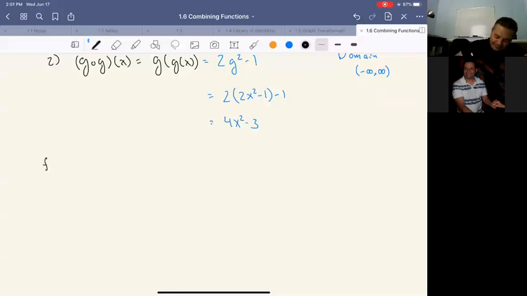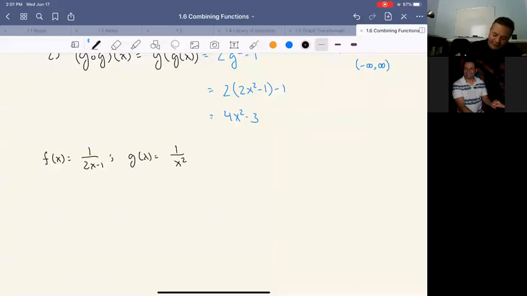But let's take f of x equals 1 over 2x minus 1, and g of x equals 1 over x squared. Now you have to remember we're doing the inside function. We also have to consider the domain of this.